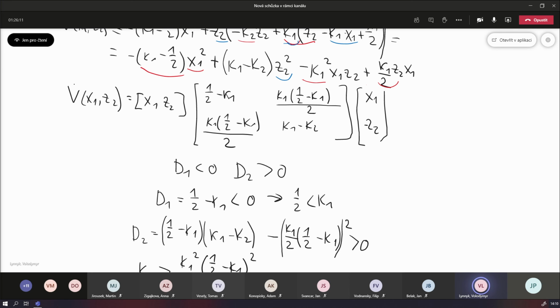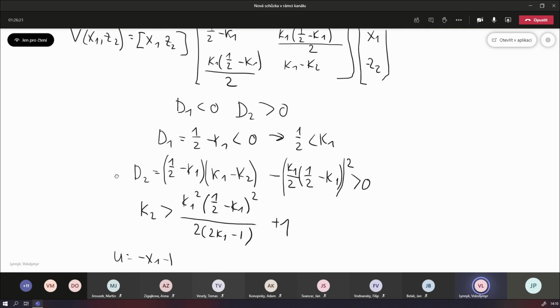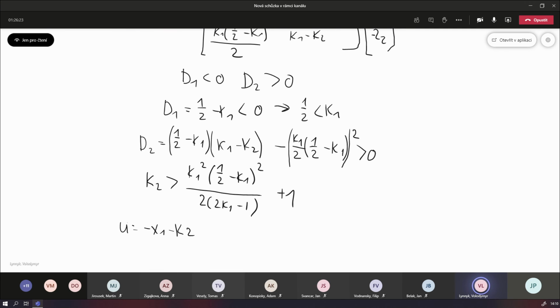The last step is this u equal to, and we know that u equals minus x1 minus k2 z2, and it's equal to minus x1 minus k2 times z2, which is x2 plus k1 x1.